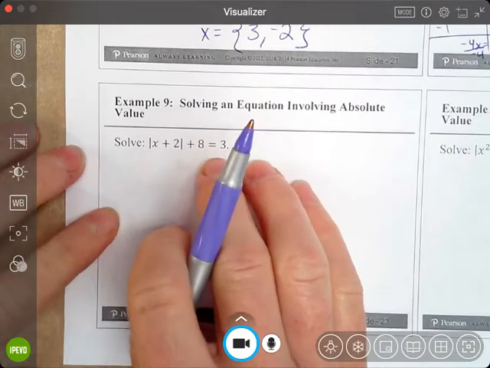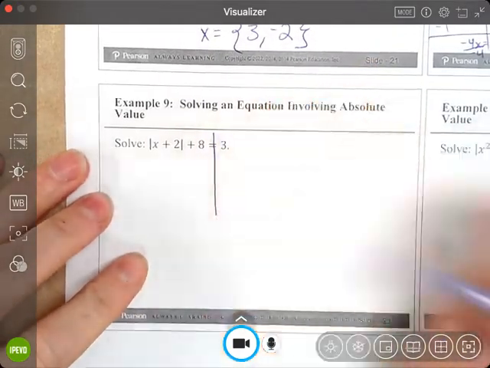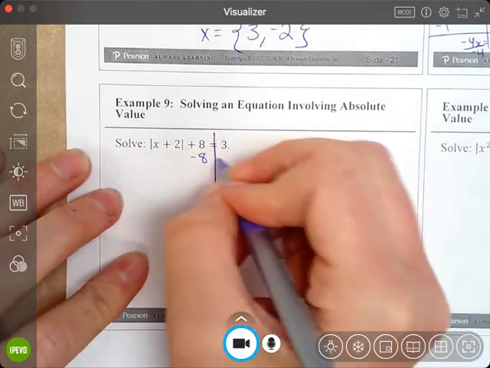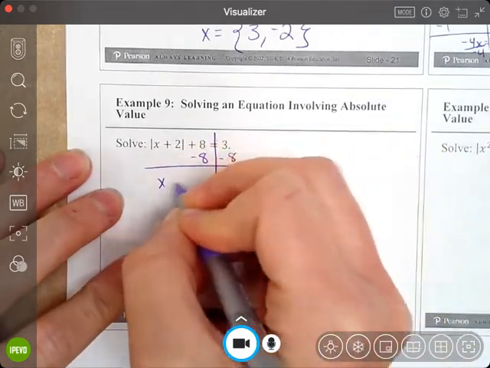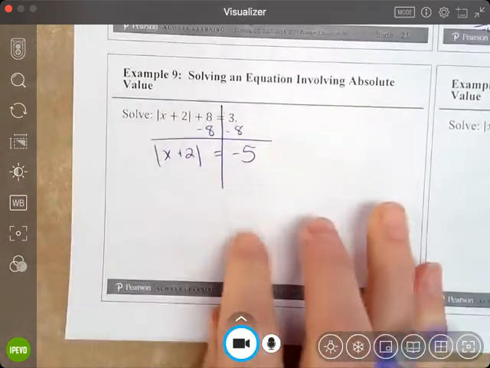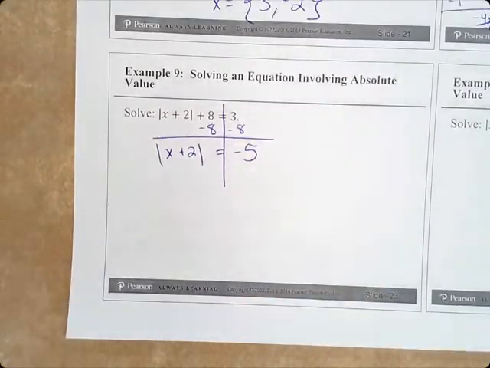All right, let's look at this next one. We need to get the absolute value by itself. Okay, before we go any further, look at this one. I solved it. What do you notice about that? Can an absolute value ever equal a negative? No. It's not going to work. We can stop right there.